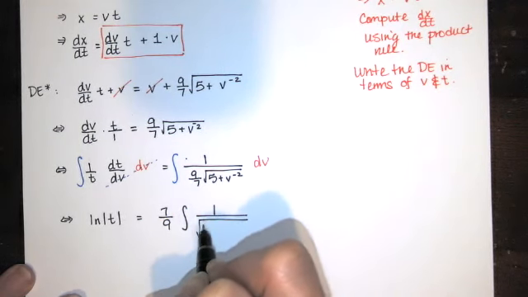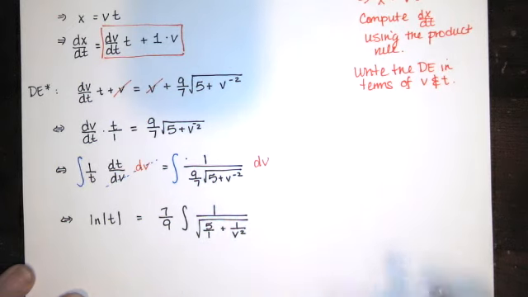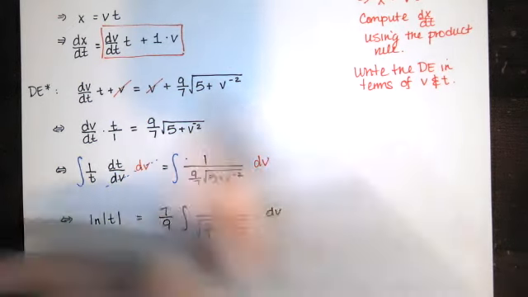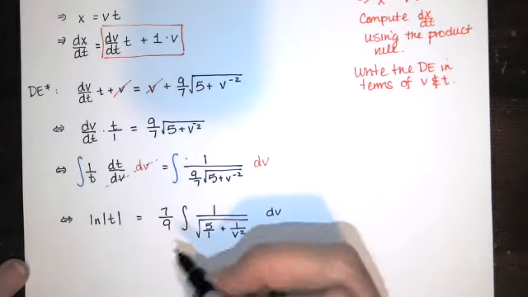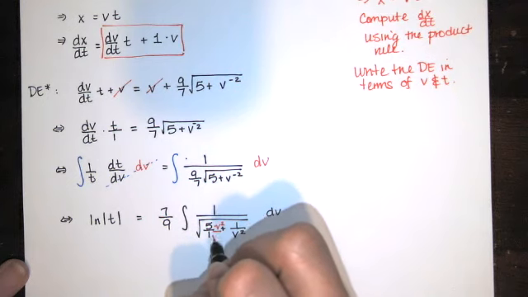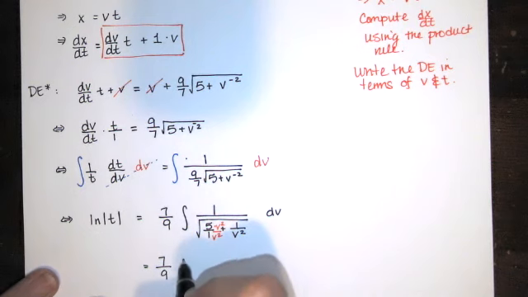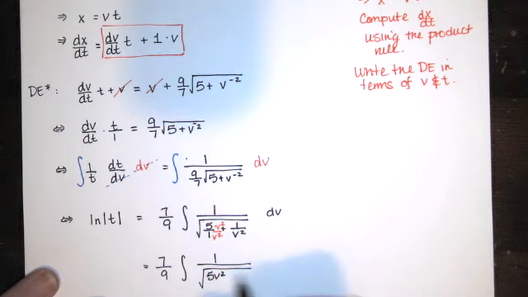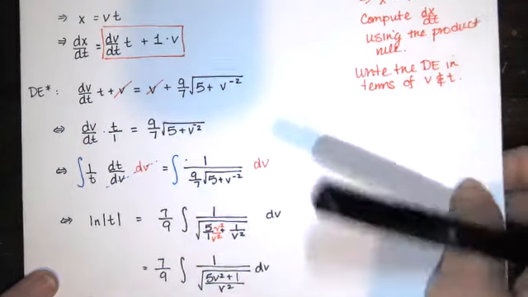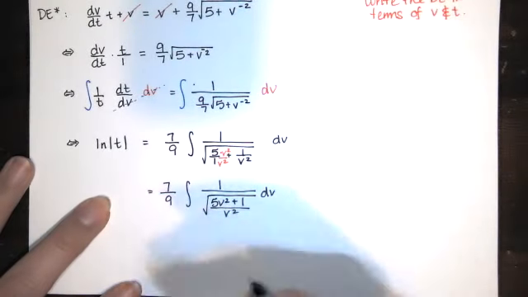And then this over here can be written as 5 over 1 plus 1 over v squared. Now, if I want to get a common denominator so that I can simplify this further, I'll multiply this by v squared over v squared. And what we end up with is 5v squared plus 1, all divided by v squared. And then we have 1 over a fraction again, so we can flip that.